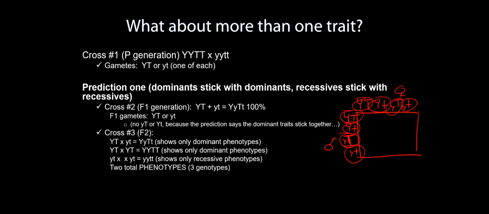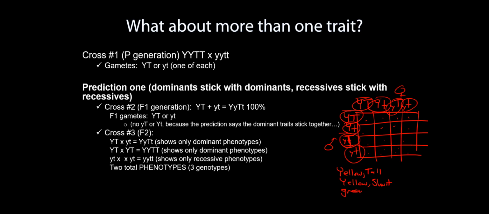And so I'm not going to sit here and scribble this out because the next slide has this, but there are 16 possible combinations here. Okay, and when you count up the phenotypes of these, and you do a tally count of how many yellow tall plants, how many yellow short, how many green tall, and how many green short, when you add all these up, you get 9, 3, 3, 1.